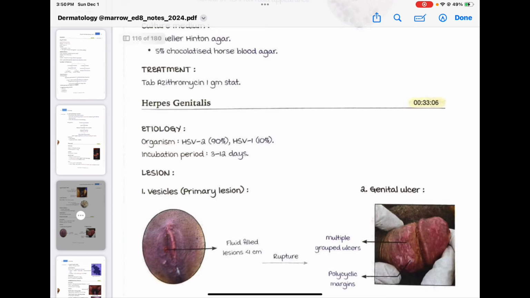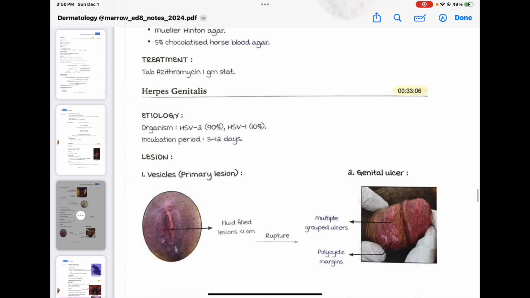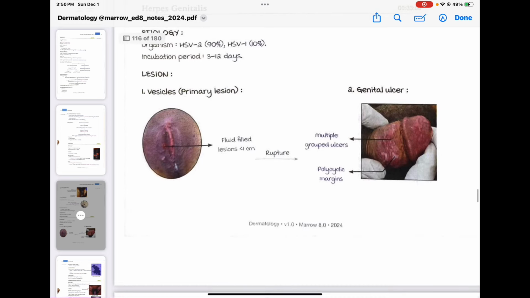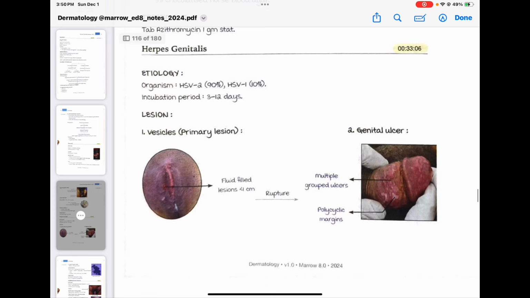So this is how you differentiate. In genital ulcer disease, the first thing you see is how many, single or multiple. Then you see if it is non-tender or tender. If non-tender, it could be syphilis, LGV, or donovanosis. If multiple and tender, it could be chancroid or herpes genitalis.